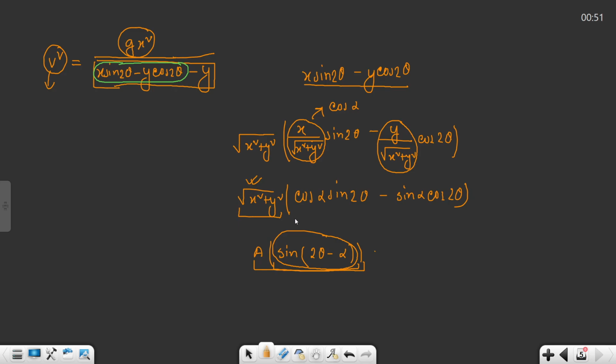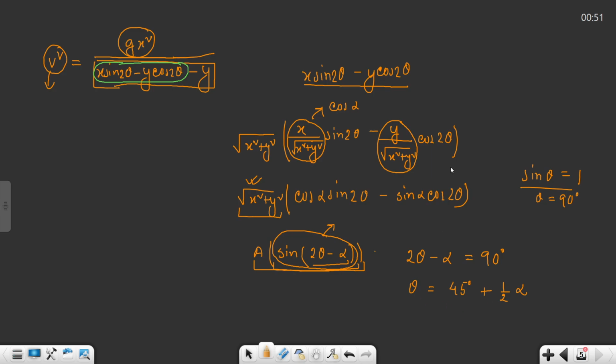And when do we maximize this? We can maximize it if we put 90 degrees inside sine, because sine has a maximum value of 1 when the angle is 90 degrees. So we put this entire thing equal to 90, and then we can write theta is equal to 45 plus half alpha.